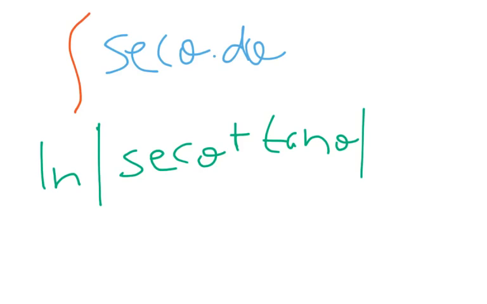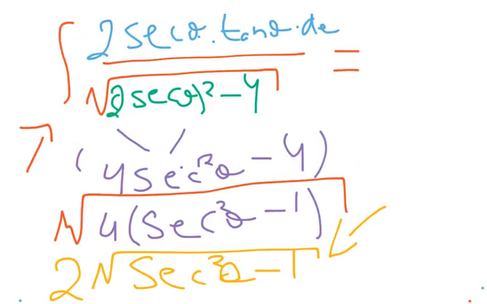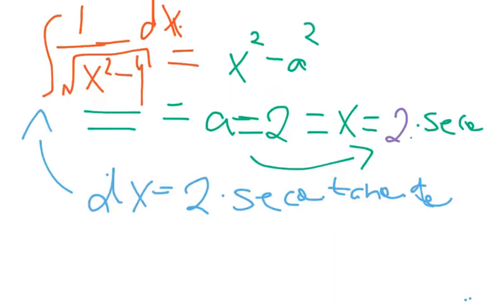And are we done with the problem? No, we're not. Why? Because we cannot leave this in terms of theta. We got to go to our x. So now this is a key part. So I am going to explain to you how the triangle works.